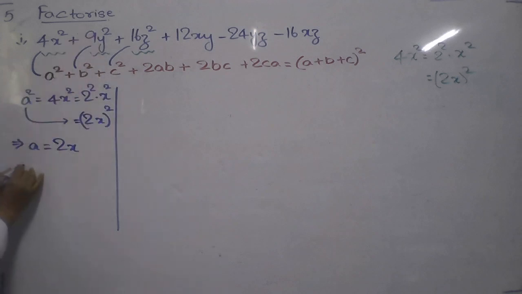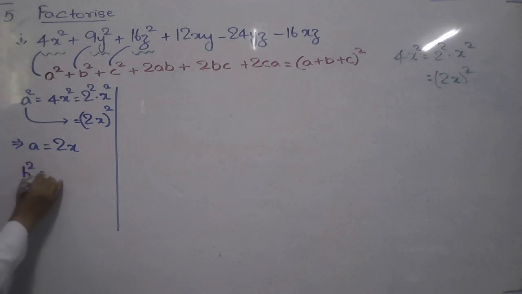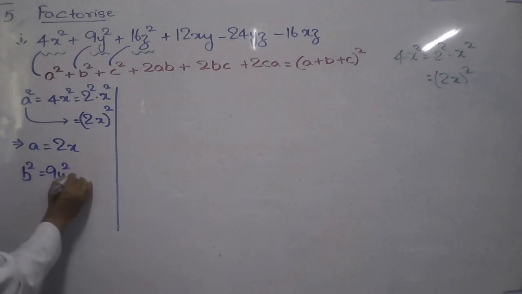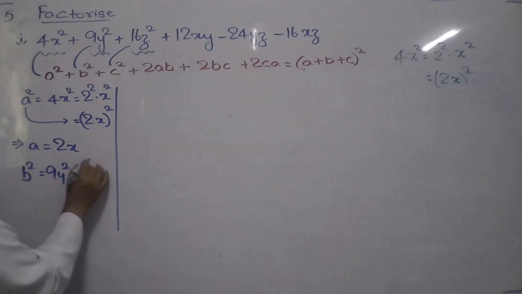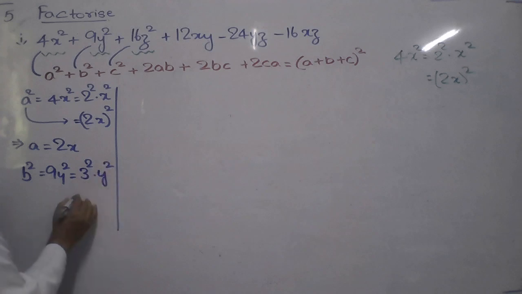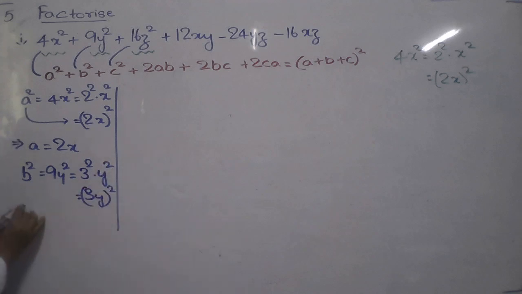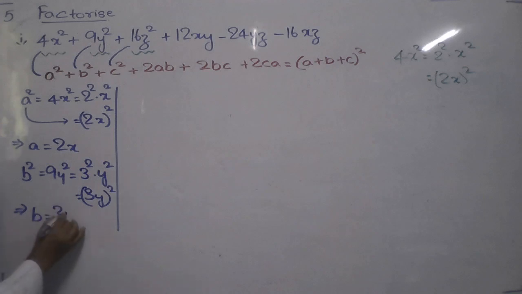In the same way, b square is equal to 9y square. Can I write it as 3 square into y square, that is equal to (3y) whole square? That implies b is equal to 3y. In the same way, c square is equal to 16z square.